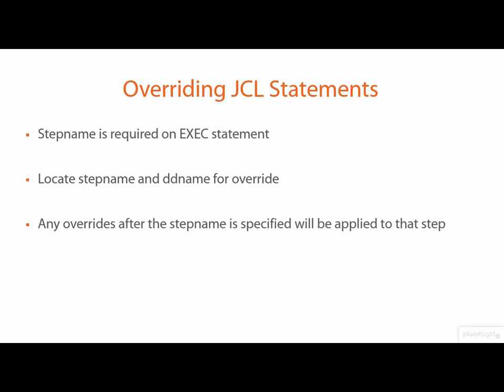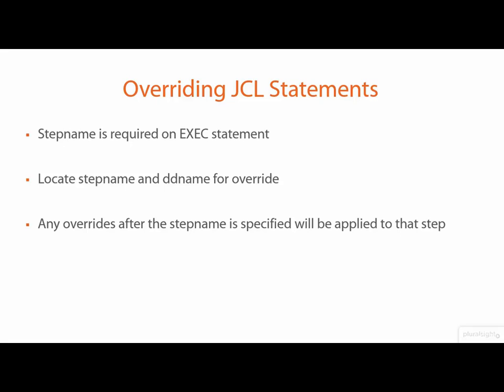Any override that is specified after a particular step name, if it does not have the step name included, will simply be applied to that particular step. So I don't have to code the step name on every statement, but I do need to code it on any statement where I want to direct it to a specific step.